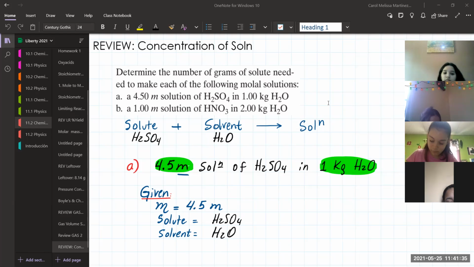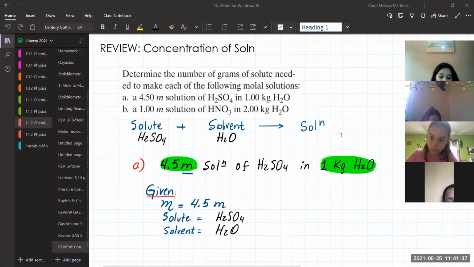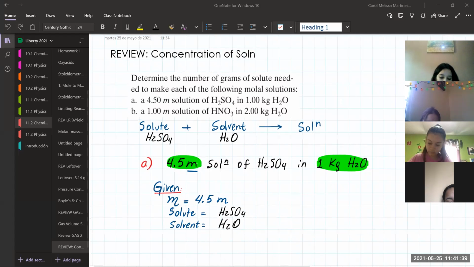And according to the formula, what do we need for molal concentration?